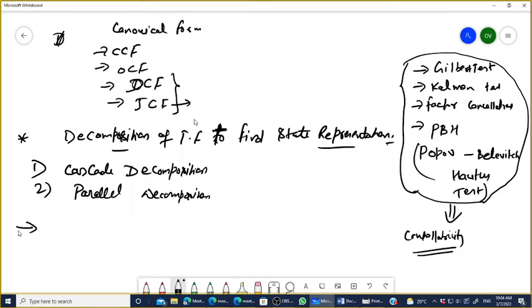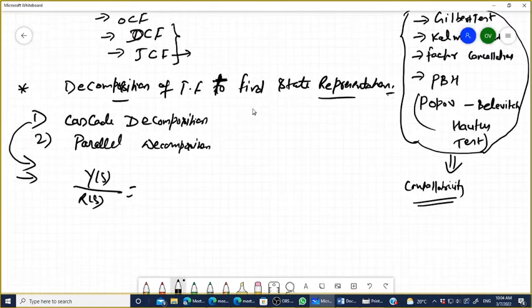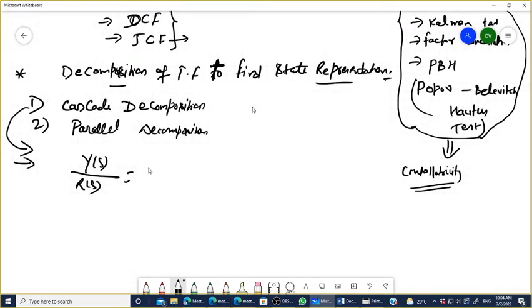So first, the cascade. Let's say we have the transfer function Y(s)/R(s). First I am going to cover the cascade, right? In the cascade decomposition, let's say we have the transfer function like this: K into (s plus b1) (s plus b2) upon (s plus a1) (s plus a2).